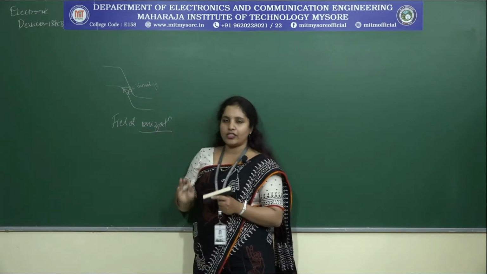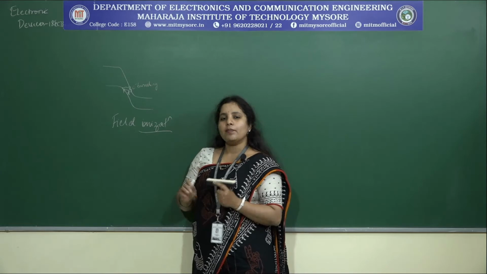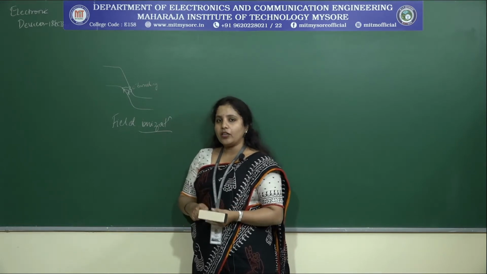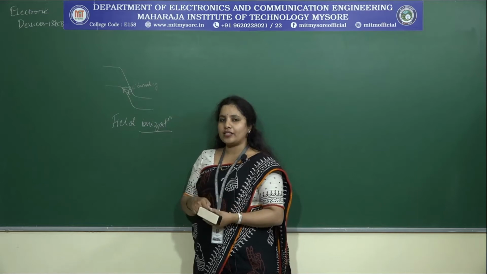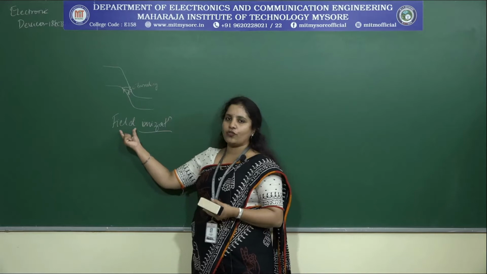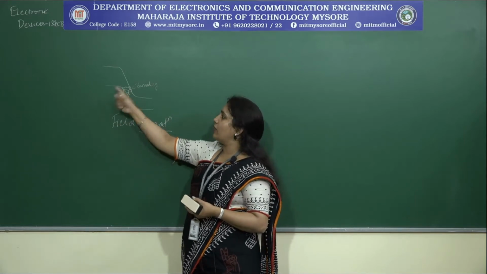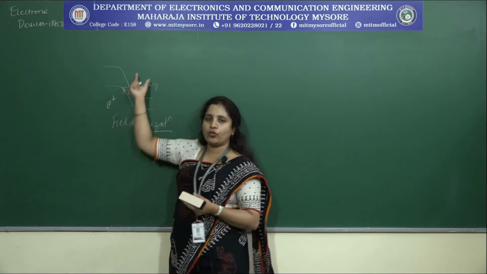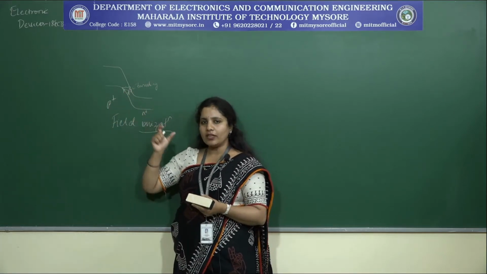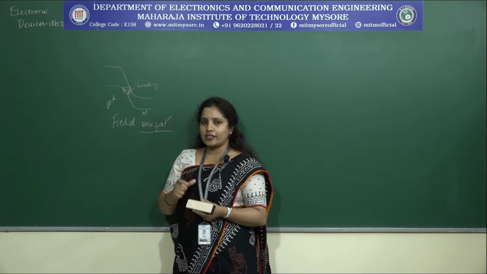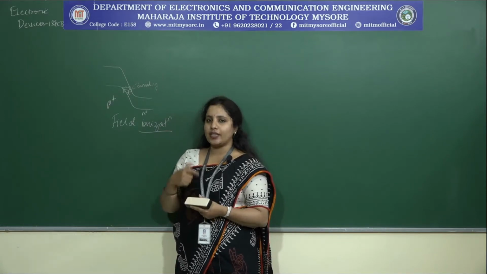Definitely there is an ionization process that takes place both in the Zener breakdown and in the Avalanche breakdown. But in the case of Zener, the ionization takes place because of the electric field intensity. Since the P and N regions are heavily doped, what happens to the width of the transition region? It is very small, because of which the electric field intensity in the transition region is very high.